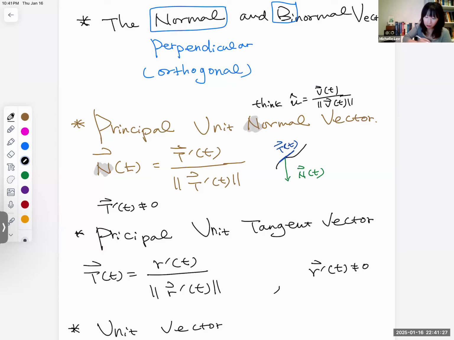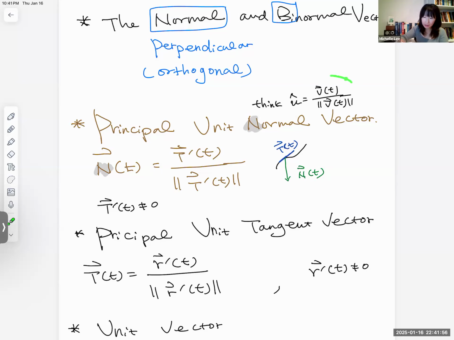So the unit tangent vector, we did that: r prime of t over the magnitude of r prime of t, right?